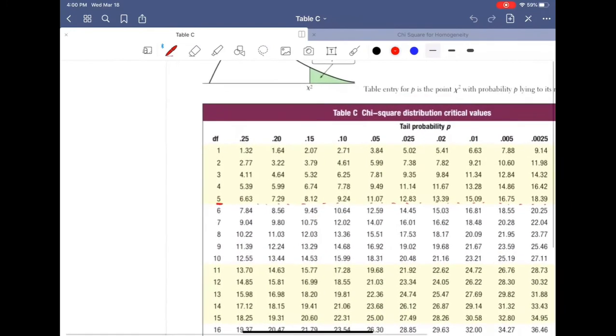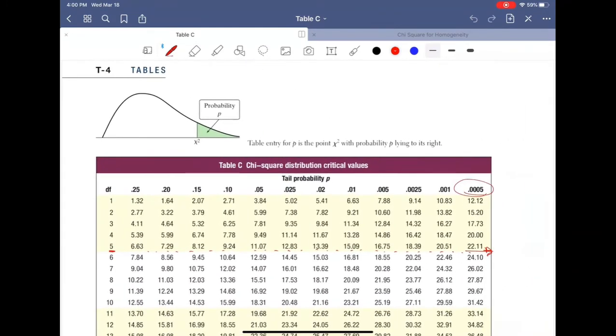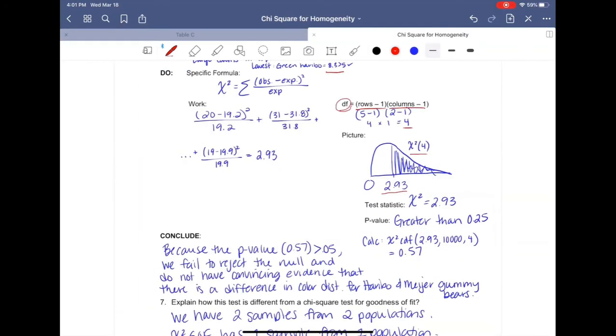So if I go to table C and look at row 4 for degrees of freedom, and then move over until I find a chi-squared of 2.93, well, actually the first one is already greater than 2.93, which means my chi-square lands me somewhere over here, which is going to be greater than 0.25. So you could list your p-value as greater than 0.25, or you could also do this in your calculator.